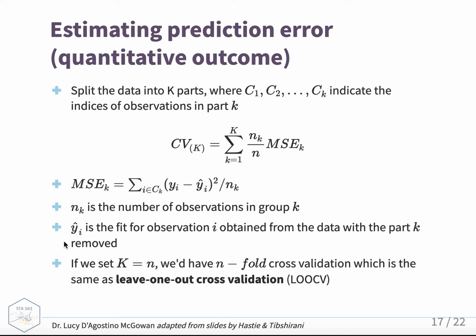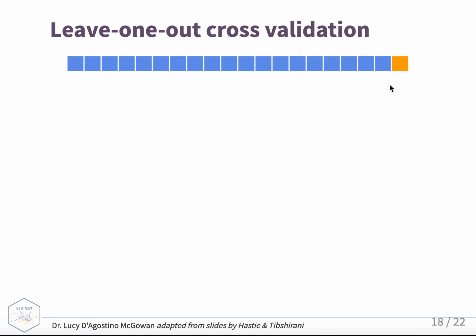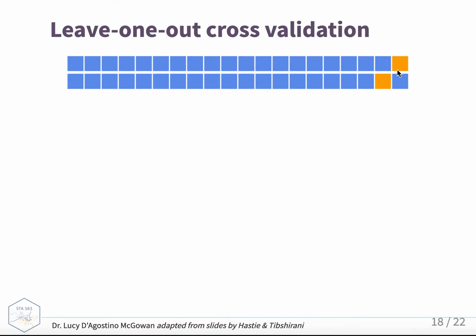Now if we set k equal to n, we have n-fold cross-validation, which is actually a special case that we call leave one out cross-validation. Using our same pictures, leave one out cross-validation looks like this. If we had 20 data points in our data set, leave one out cross-validation would fit the model to 19 of them, leaving one out, and calculate the mean squared error using that one.